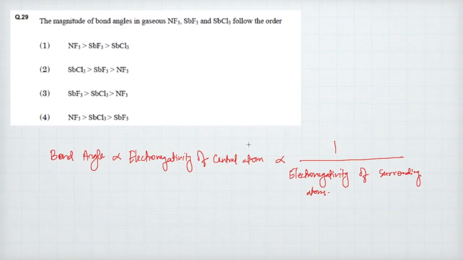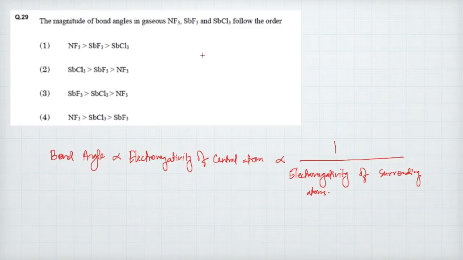That means if the central atom has more electronegativity, the bond angle will be more, and if the surrounding atoms have more electronegativity, the bond angle will be less. You have to go for this when the central atom is the same. Unless your central atom is the same, when you have a different central atom, you have to stick to the first rule.